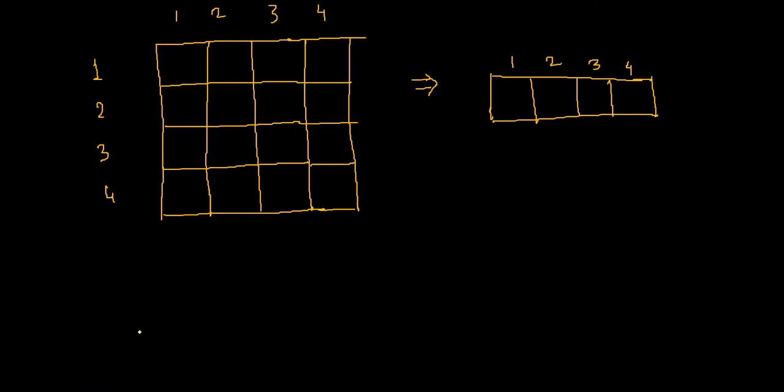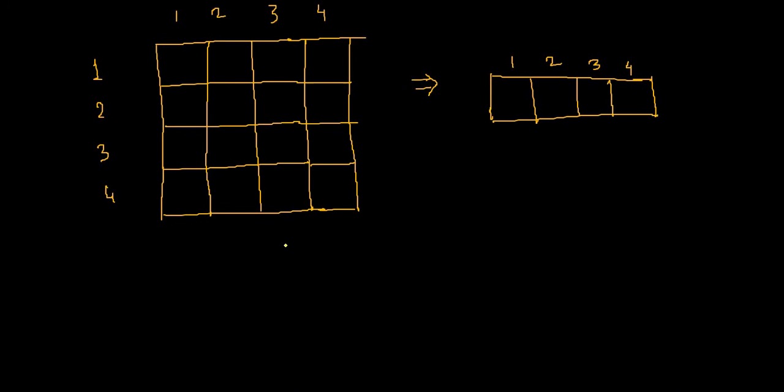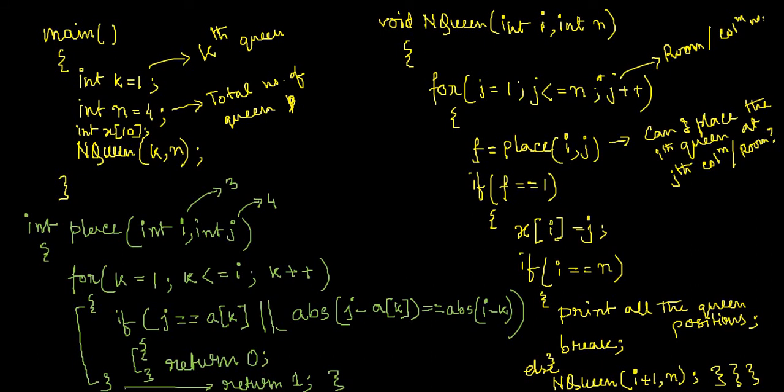So now let's start with the tree design. We will start with nQueen(1, 4), right? So i is 1 and n equal to 4.